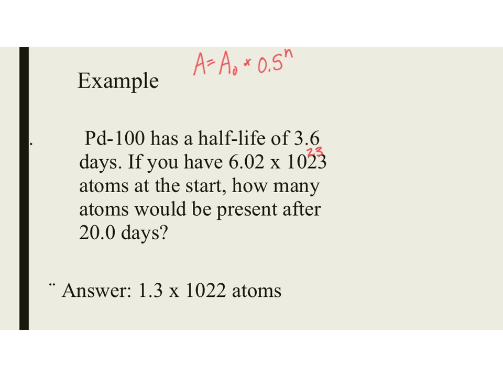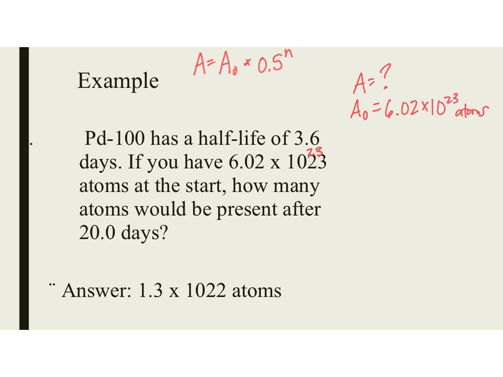So let's go through and identify our different variables, and then we can plug it into the equation and solve for our answer. So we are asked to solve for how many atoms would be present after 20 days. So we are solving for A. They are telling me that the original amount of the sample is 6.02 times 10 to the 23rd atoms.